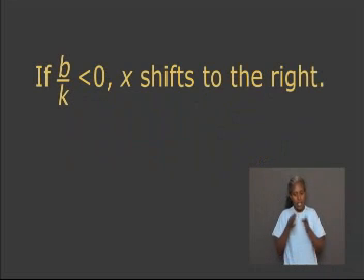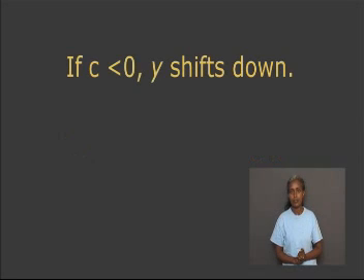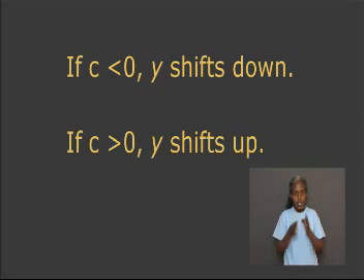If the value of b over k is less than 0, it will shift x in a positive direction. If the value of b over k is greater than 0, x shifts in a negative direction. If the value of c is less than 0, it will shift y in a negative direction. If the value of c is greater than 0, y shifts in a positive direction.